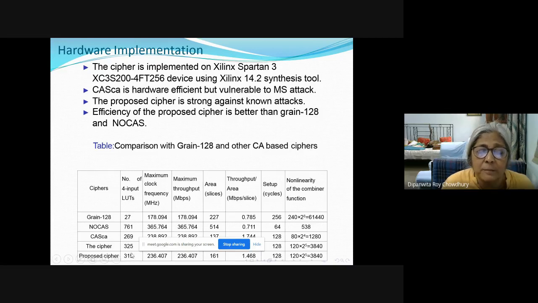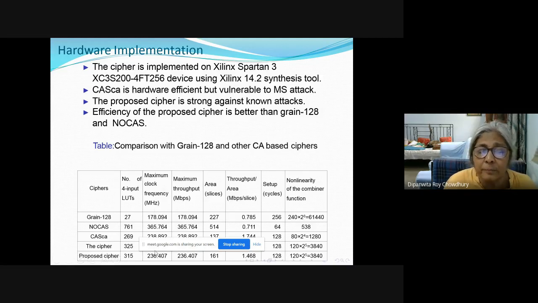This is 315, much less than No Cache, and although it is better security-wise, Grain 128 is only 27. It is very lightweight, but it is fully attacked; we have already shown that it is vulnerable to fault attack. So at the cost of some hardware, which is not huge, and at the cost of some attacks, we are actually achieving the security.